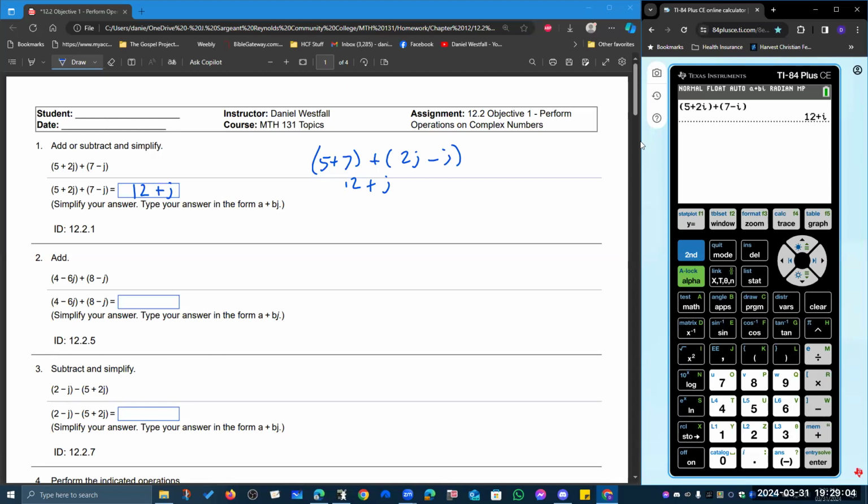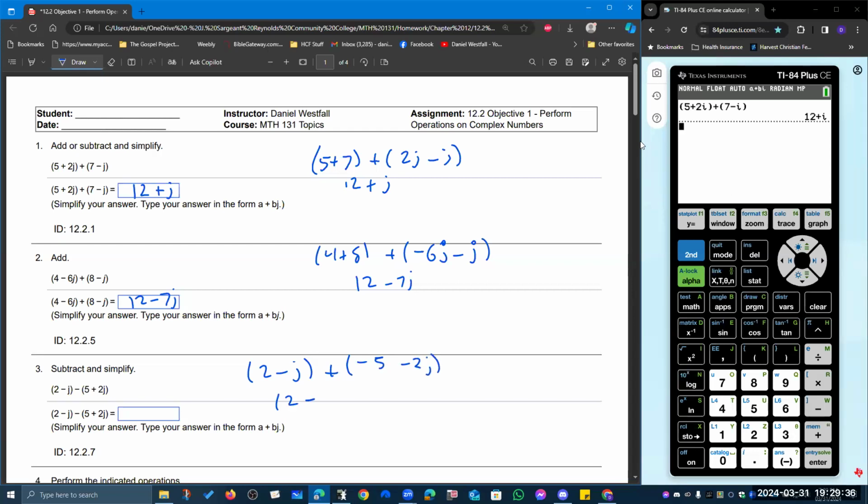So let's add here 4 plus 8 plus negative 6j minus j should give me 12 minus 7j. Two minus, let me write this as addition. So distribute that negative, that's a negative 5 minus 2j.